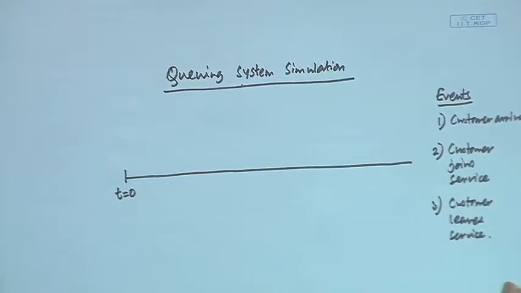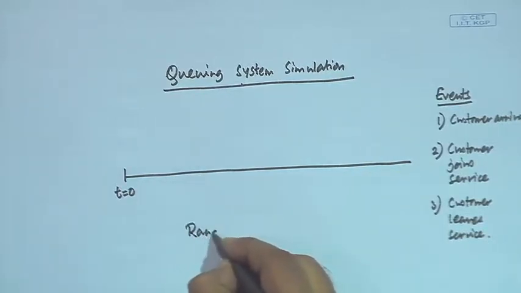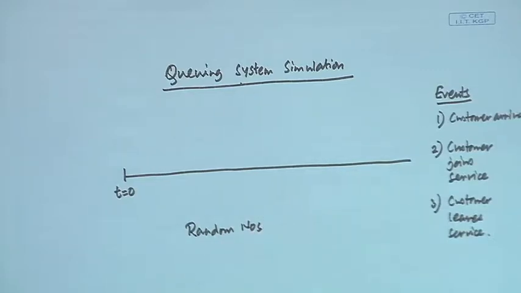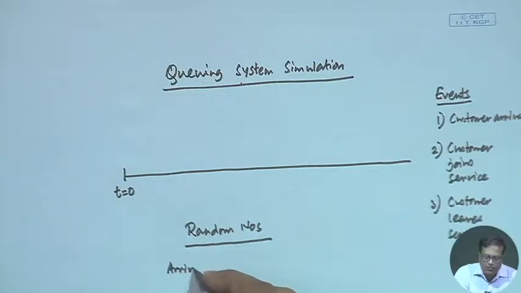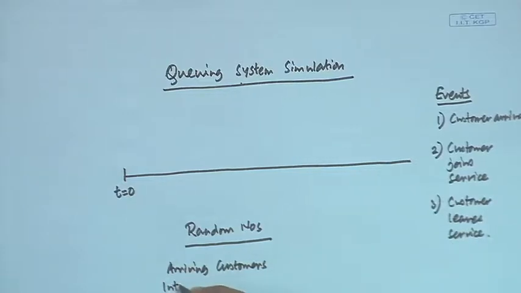Obviously, there is a set of random numbers. What are random numbers? How do we do random number experimentation? How do we generate arrivals? How do we generate service? We shall discuss that later. But let us say the customers are arriving like this.